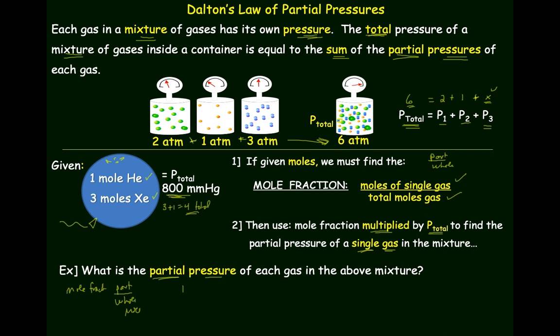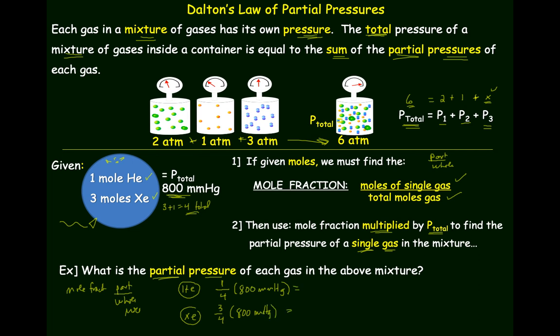For helium, we can say 1 mole of helium over the total moles of 4, and we can multiply that by 800 would be the pressure of helium, right? And then for xenon, 3/4 of the pressure is going to be for xenon.